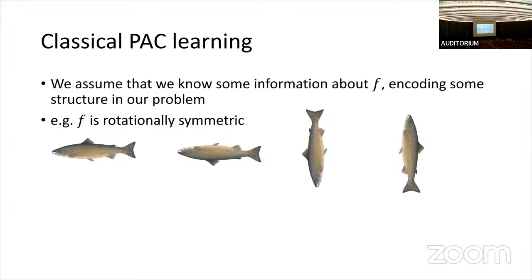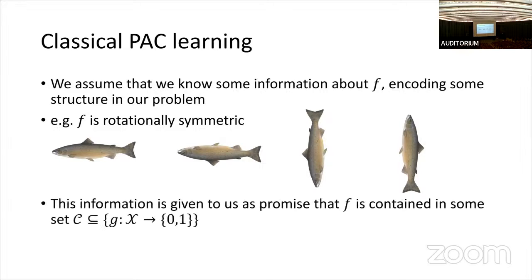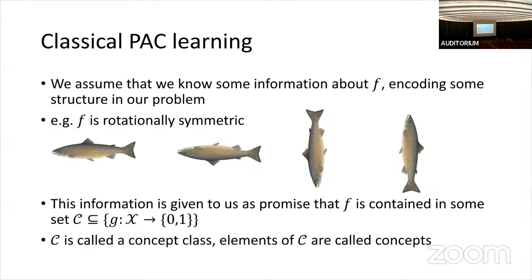So we know that our function should be rotationally symmetric. And the most general way that you can tell someone some structure is to promise that the function belongs to some subset of possible classifiers. This subset is usually called a concept class, and elements of C are called concepts, which is basically just another word for classifier, and I'll probably use them interchangeably.